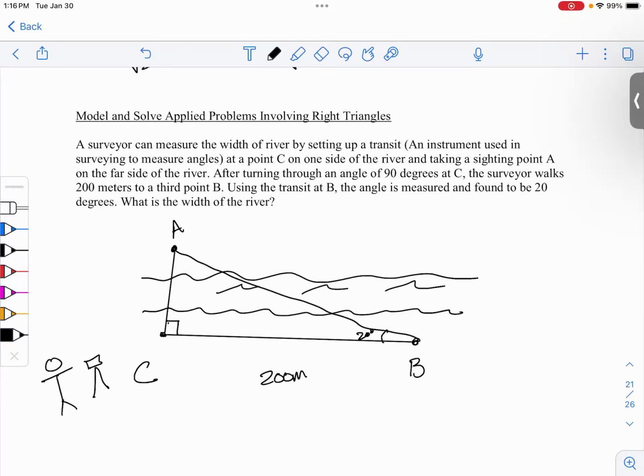And so with that information, we can identify the width of the river. Specifically, we are looking for what is this distance over here, because that's going to be the width of the river.